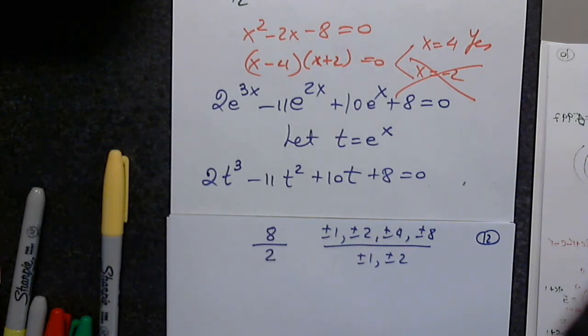I got the second one. -4, 8, -8. And there is also 1/2, right? 0.5 and -0.5. So I got 3 solutions for e to the x, actually.